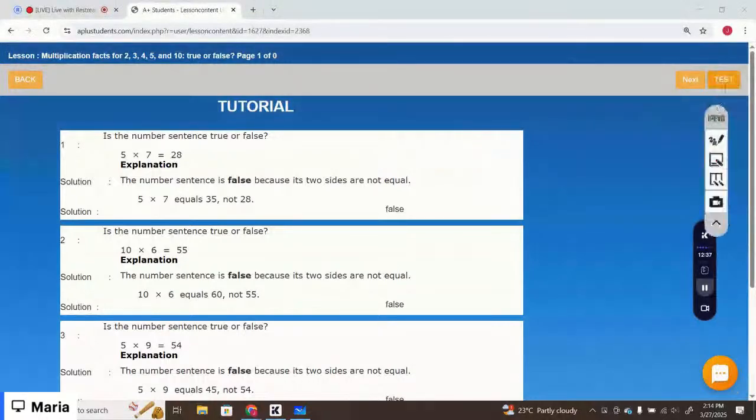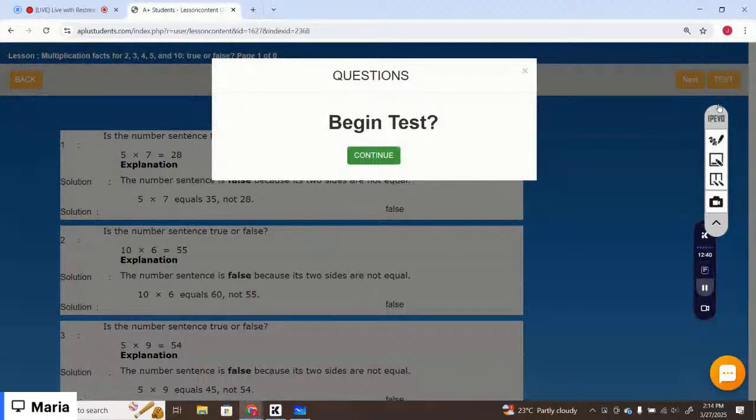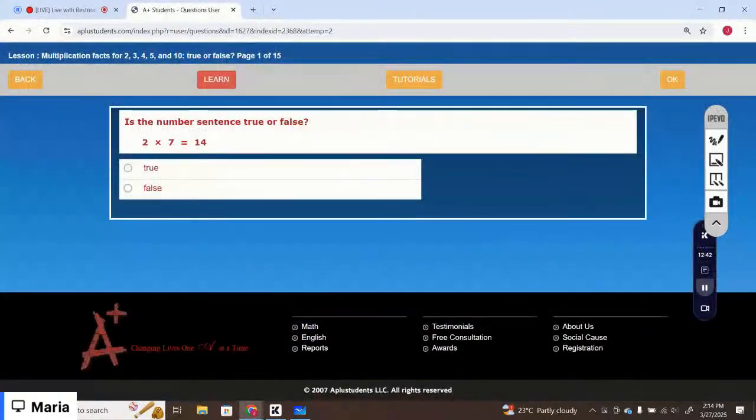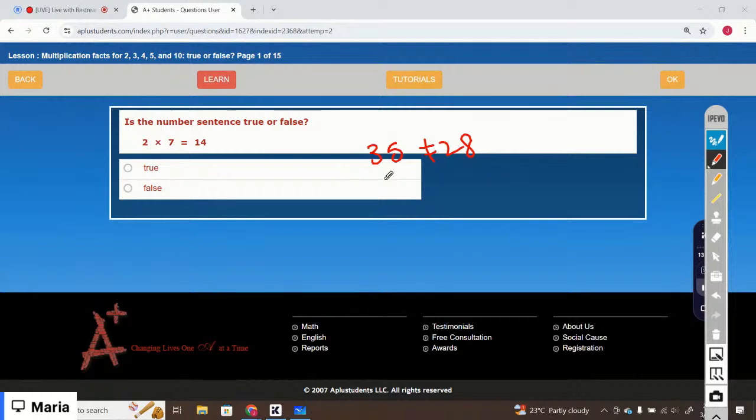Let's start with the test questions. Is the number sentence true or false? 2 times 7 equals 14, and 14 is equal to 14. So true it is. Option number 1 is the correct option.